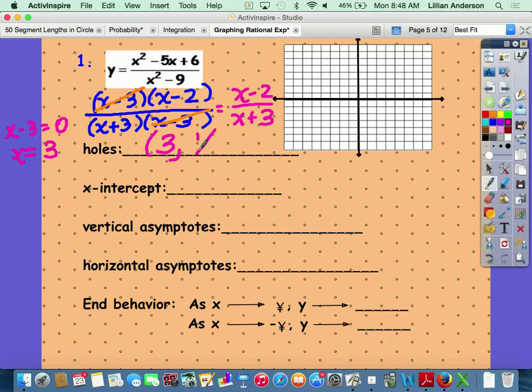And then 3 plus 3 is 6. So I have a hole that occurs at 3, 1/6. So when I go to graph this on my graph, 3, 1/6 is somewhere right in here. There's a hole there. You might be able to draw a better hole because my pen is as thick as it can be. But there should be a hole there. And I should be able to see the hole. Okay?